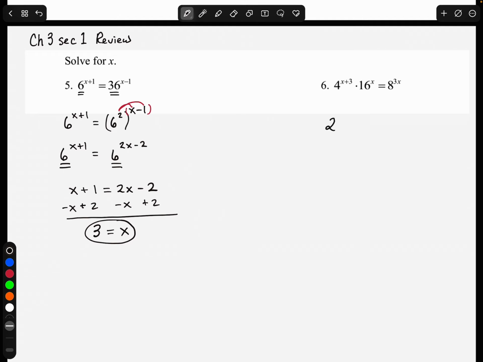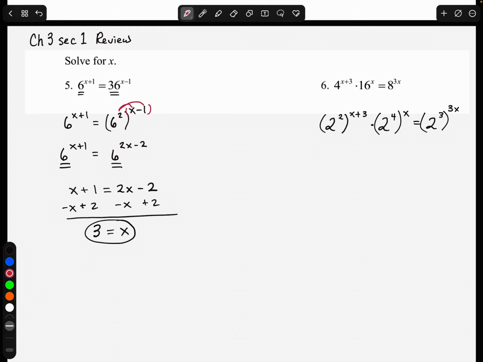So we've got 2 to the second power to the power of x plus 3 times 2 to the fourth power, still to the power of x, equals 2 to the third power, that's the same thing as 8, still to the power of 3x. So don't forget to write that 3 up there.